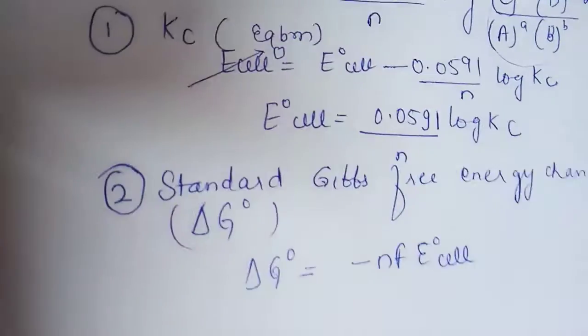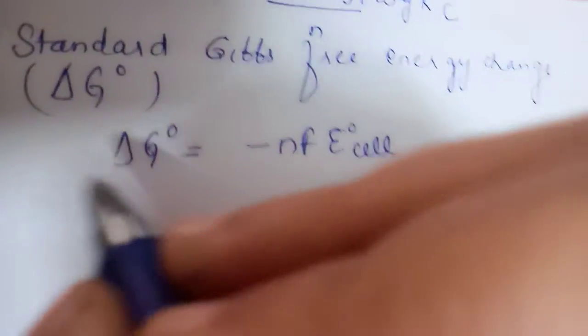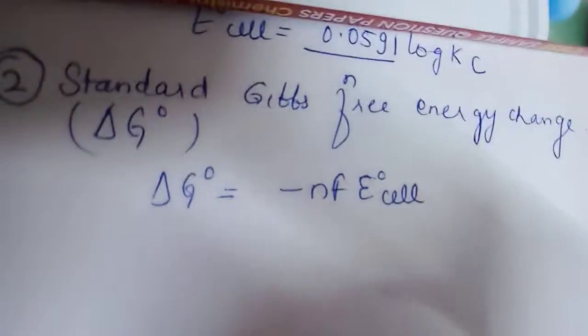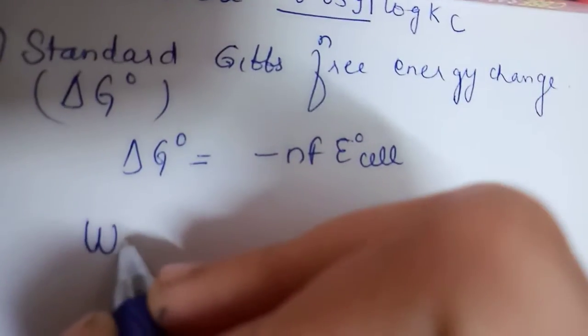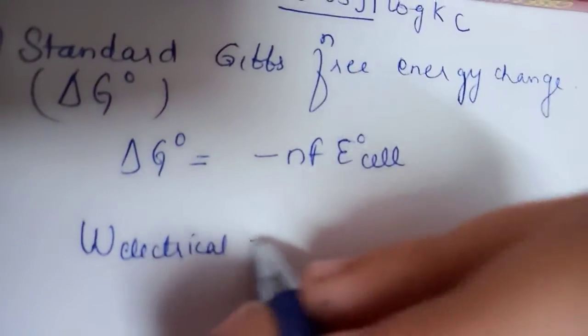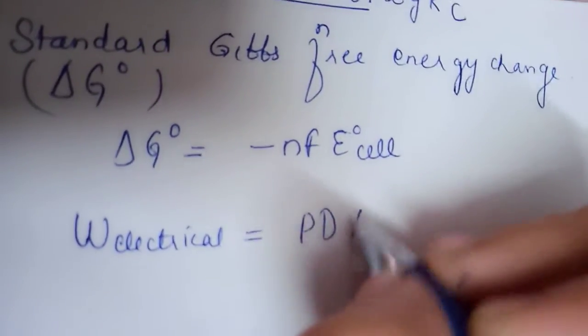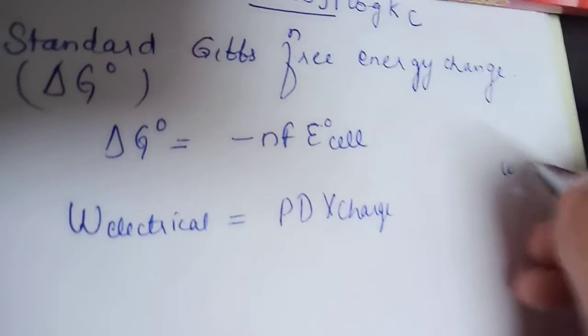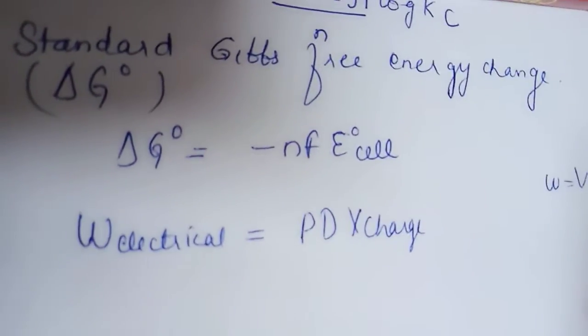You can derive it, because for the Gibbs free energy you need work done. So what is the work done? Electrical work done we can say, because an electrochemical cell is required. Potential difference into charge, you know the formula, W equals VQ, yeah, QV.